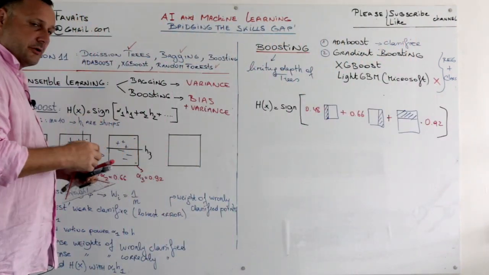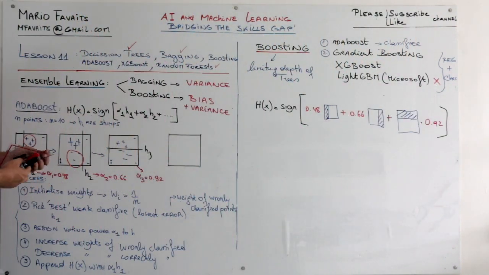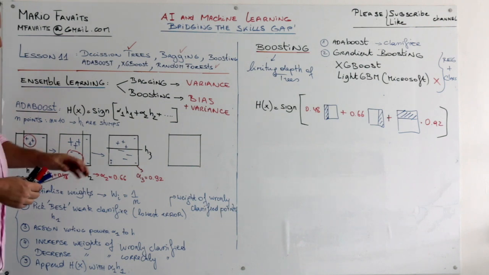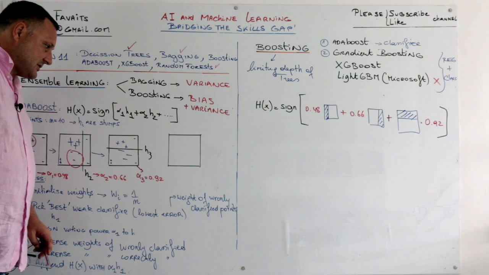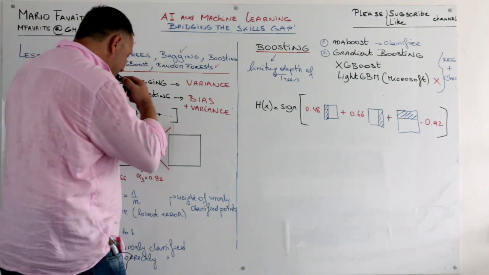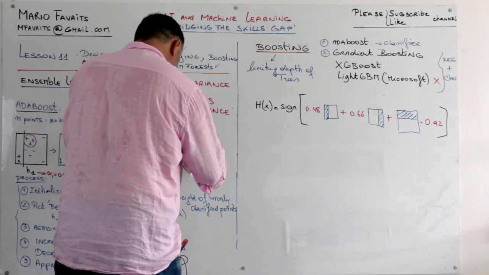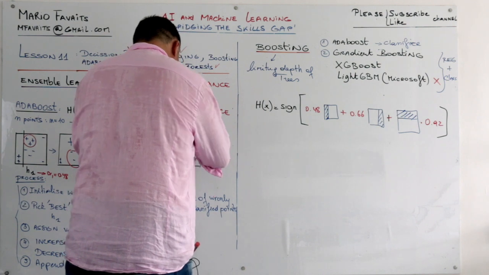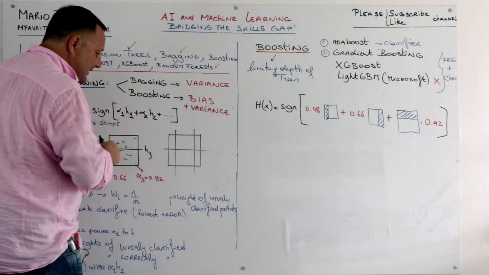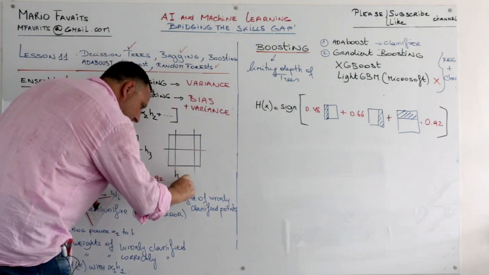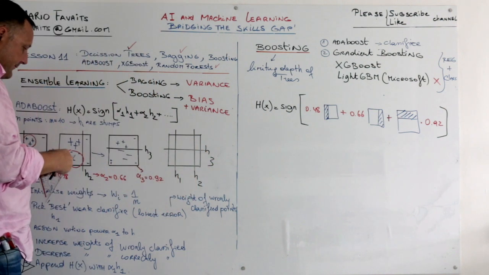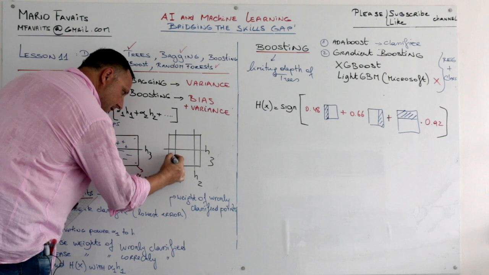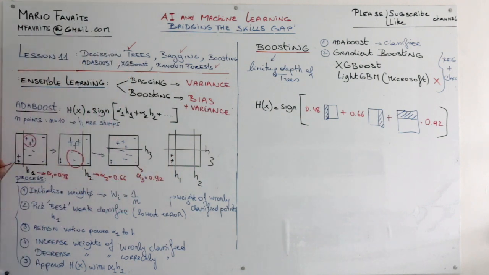I'm going to show that here. We have our 3 H's: this was H1, this was H2, this was H3. Let's take a look at the 2 pluses here.